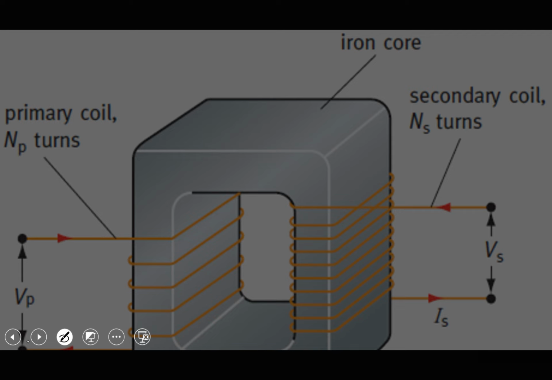Even though for those sitting exams May, June, October, November, or Feb, March 2024, 2025, you may not really find complex questions about transformers or questions which require details of transformers in your paper. But I say these concepts are very important because after all, they link to electromagnetic induction.